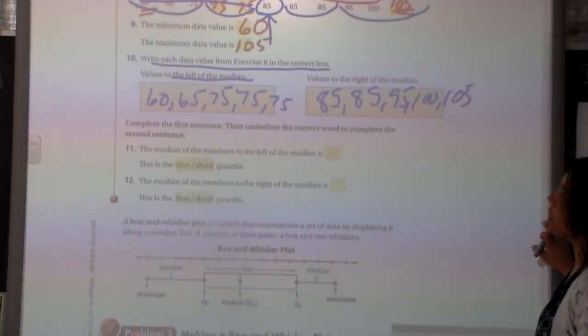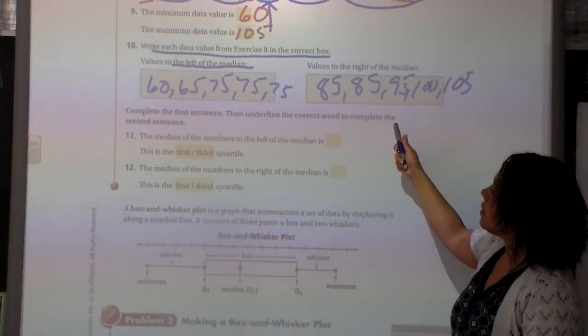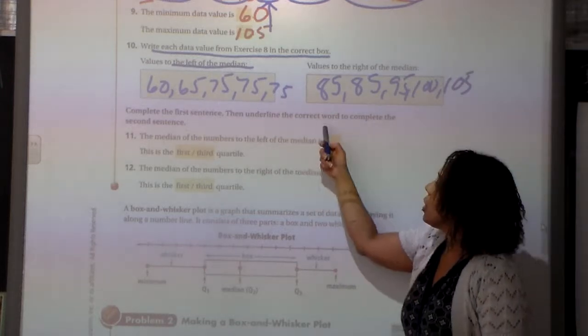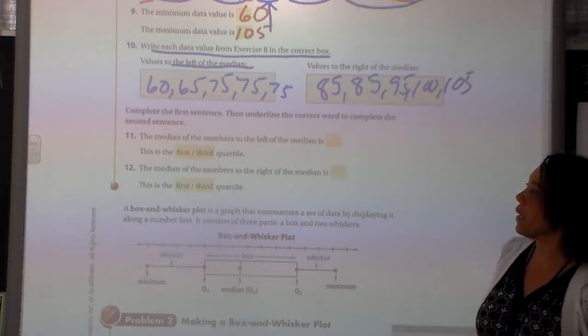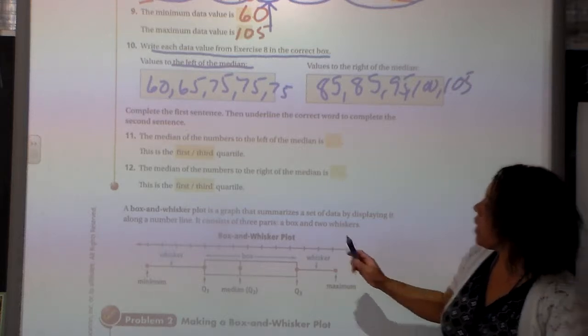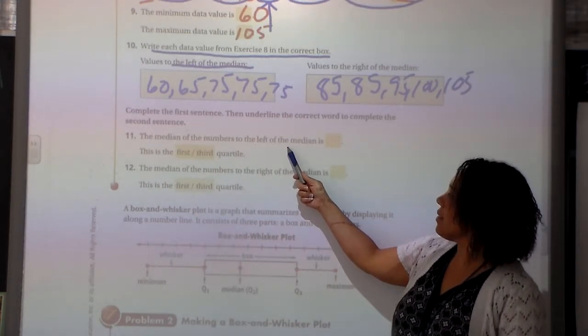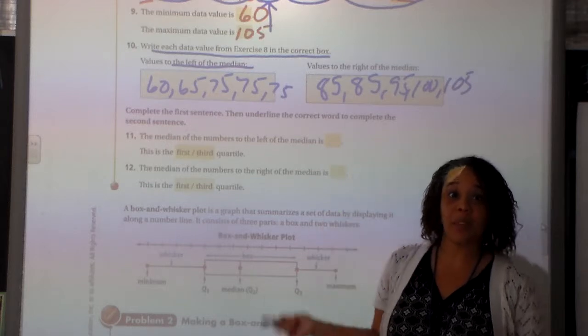Now we can take a look at what's going on here. Complete the first sentence, then underline the correct word to complete the second sentence. In the first sentence it says the median of the numbers to the left of the median is blank.